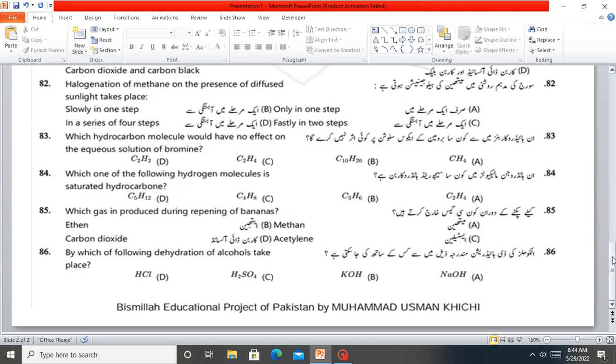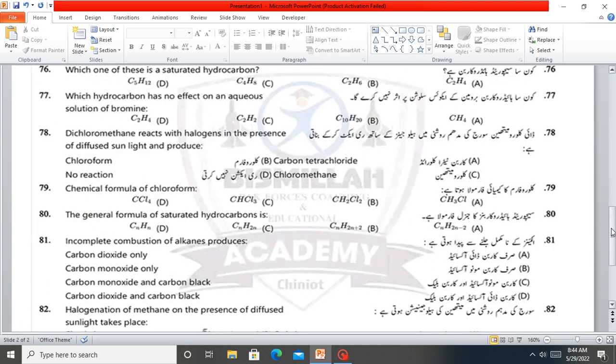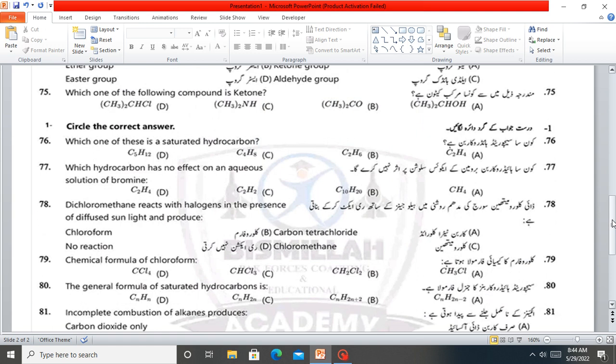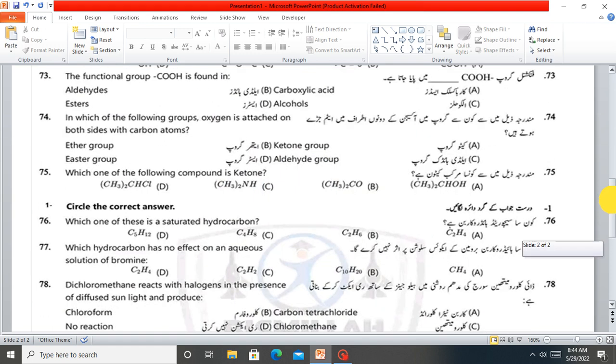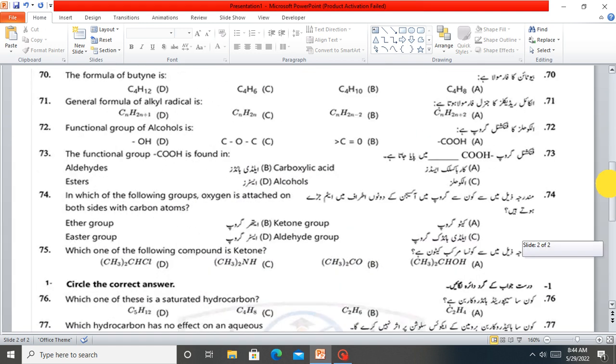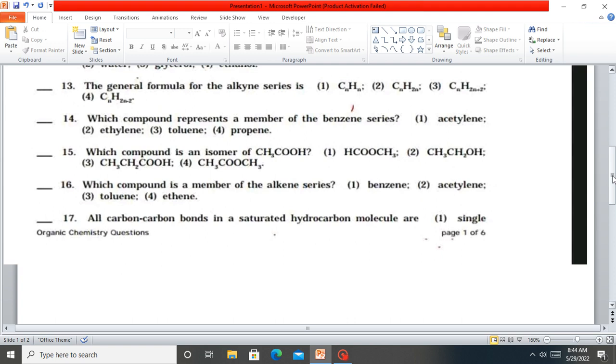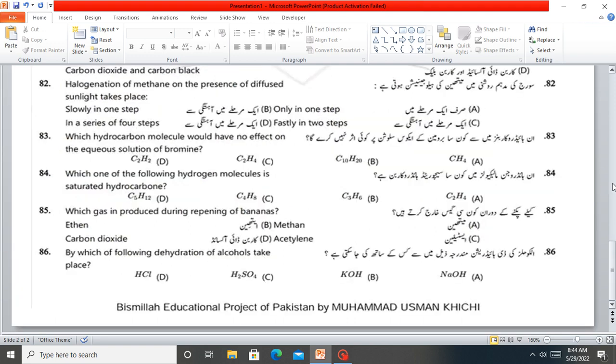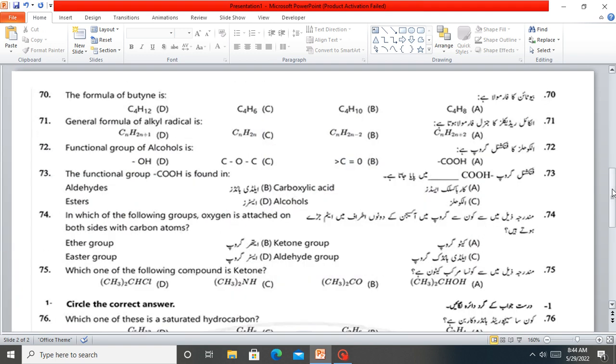So let's continue from here. Okay, which of these is the formula of butane?